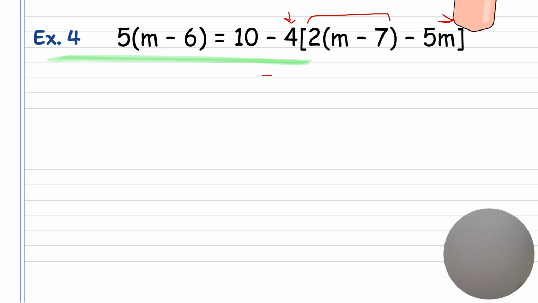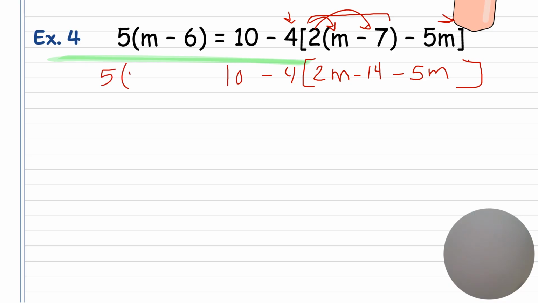So I'm going to just bring down this negative 4 and fill in everything that we can. So let's multiply that 2 times m, and then that 2 times negative 7, and that negative 5 is going to stay. Then I'm going to bring everything else down.